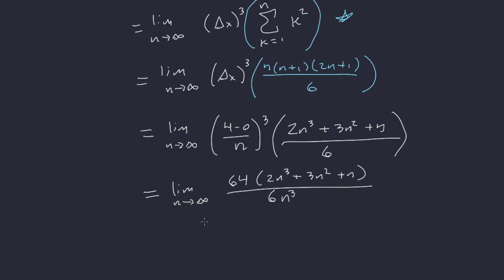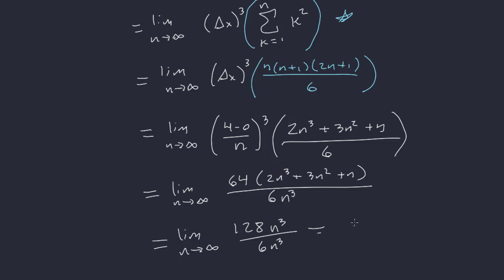And now if we think back to our infinite limits, the limit as n goes to infinity, well, the highest power of n matches on the top and the bottom, so this is going to be an idea with just leading terms. So I have 64 times 2, which is 128, times n cubed, all over 6n cubed.